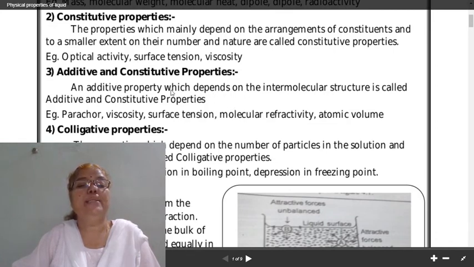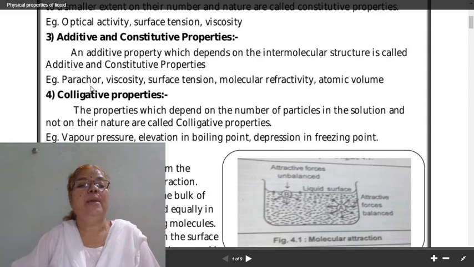Such properties are known as additive and constitutive properties. For example, parachor, viscosity, surface tension, molecular refractivity, atomic volume. All these properties are additive and constitutive.